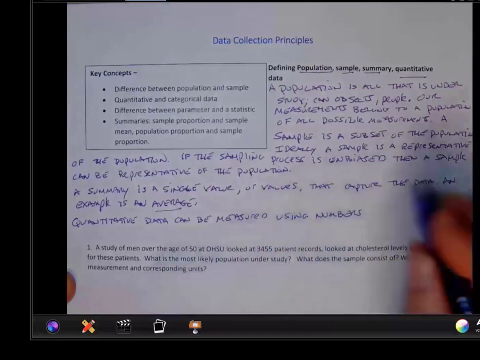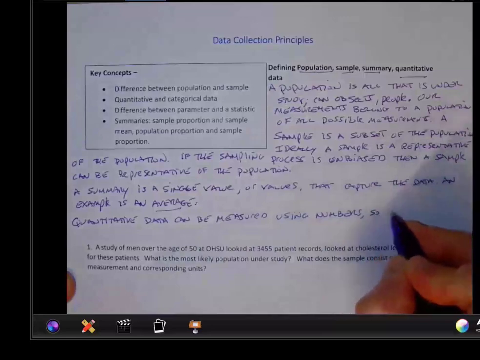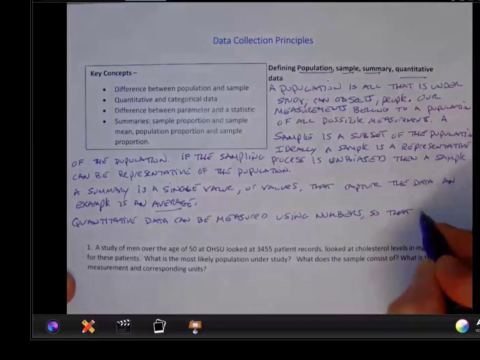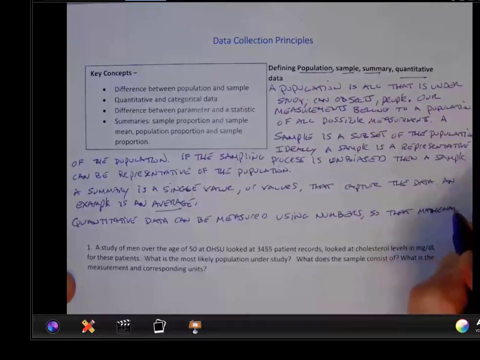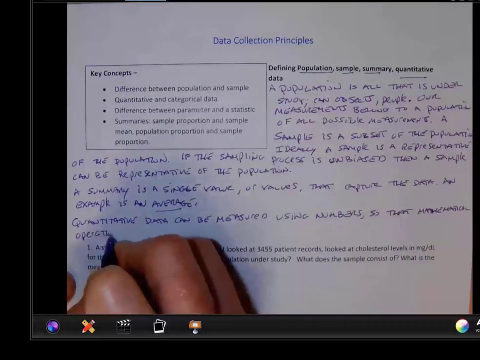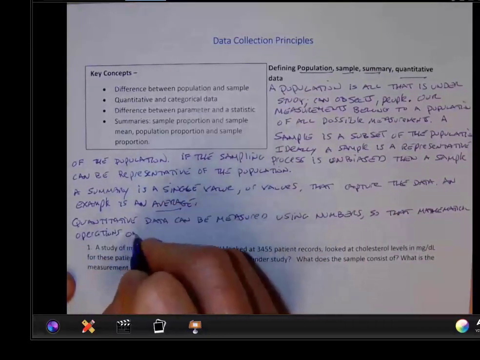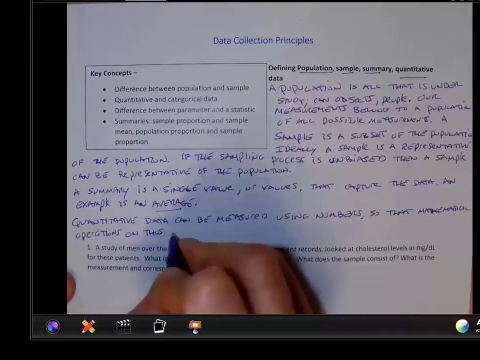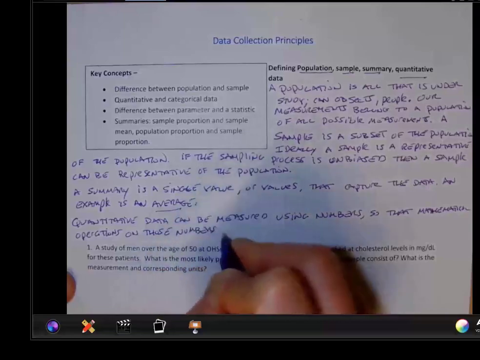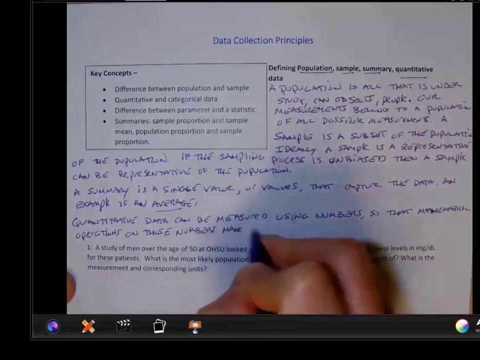It's not just being measured using numbers, it's that mathematical operations on those numbers make sense.